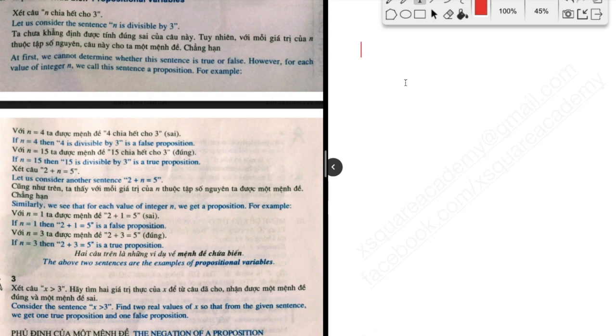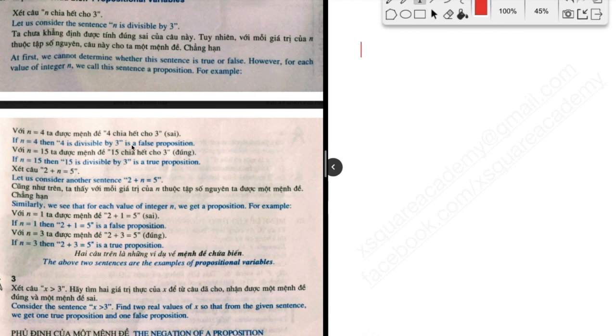Firstly, it's not a proposition, because we cannot know exactly whether it's right or wrong, because it depends on n. With each value of the variable n, we have a different result.